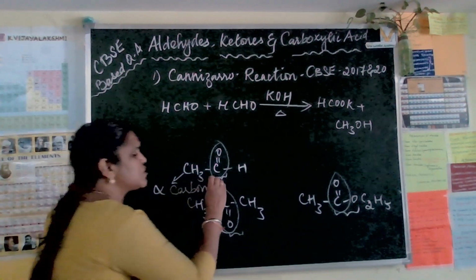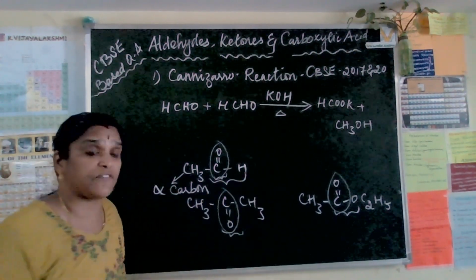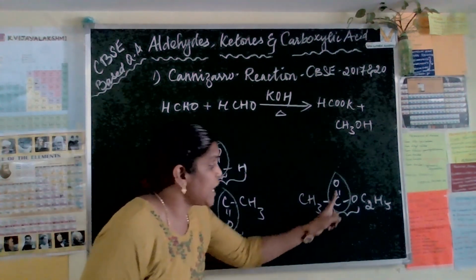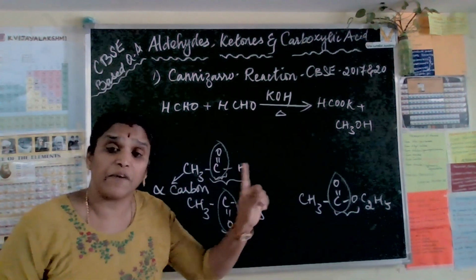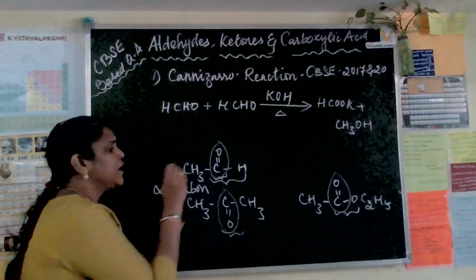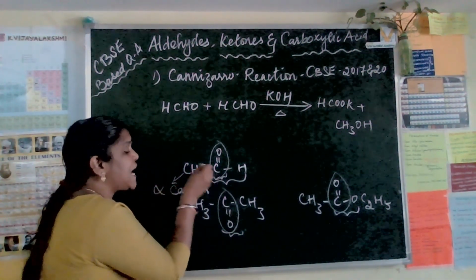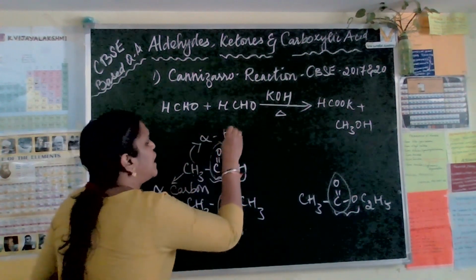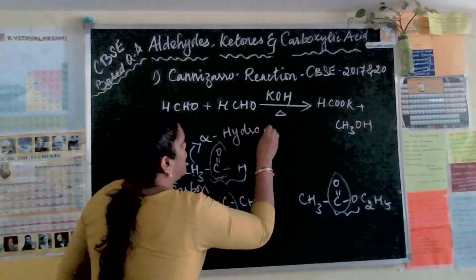Actually, this is a functional group. CHO is the functional group of aldehyde, CO is the functional group of ketone, COO is the functional group of ester. You know very well. Now, the hydrogen attached to the alpha carbon next to the carbonyl group is called alpha hydrogen.